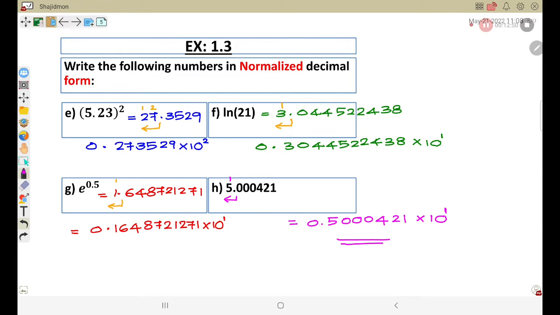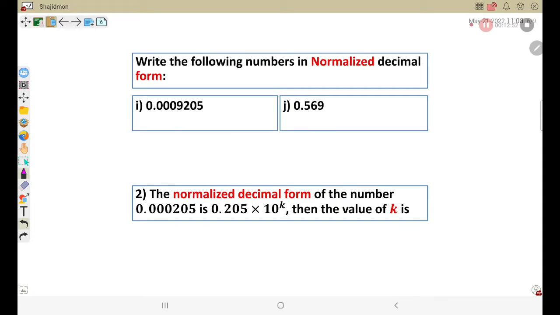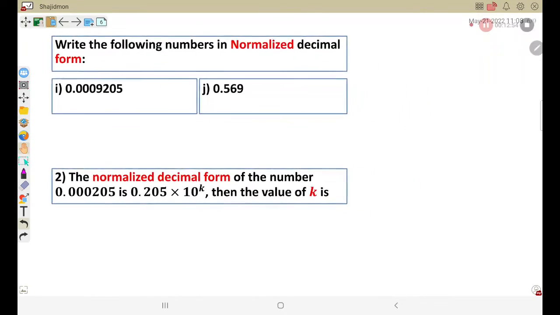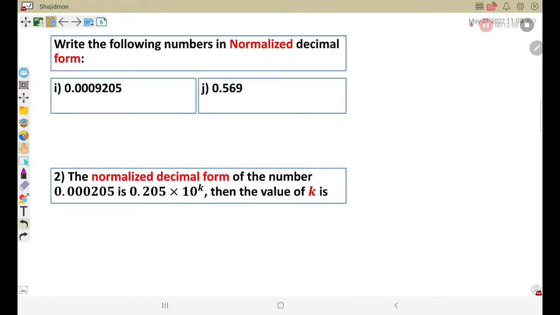Now we are going to something different, different numbers. For example, write the numbers in normalized form. Question number 1I, 0.00092205, correct? So we need to write this number in normalized form. When we are writing this number, always be careful, it should start with 0 point. Now I told you the first digit should not be 0 here.